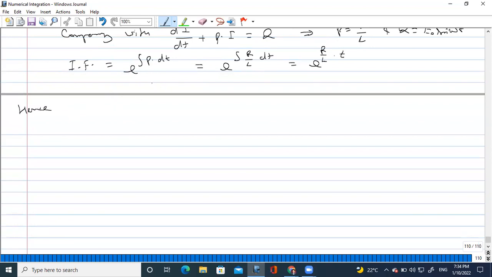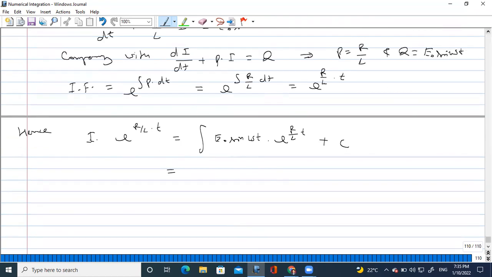Hence, we can write. So what will be the solution? The solution will be I into integrating factor e to the power R by L into t is equal to integral of q into integrating factor, plus c.